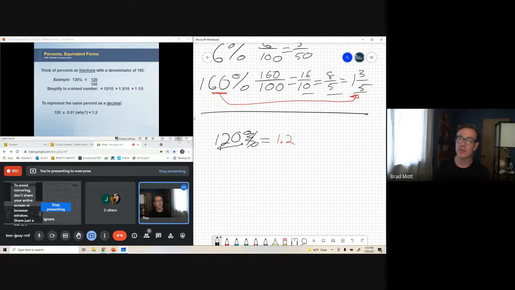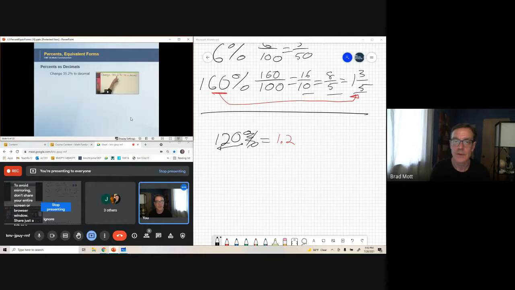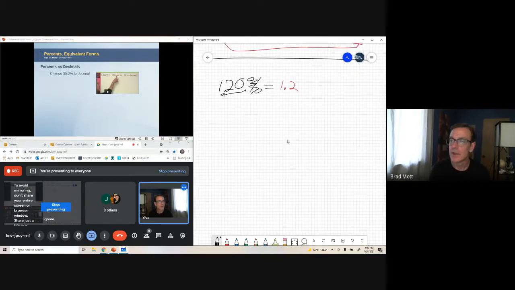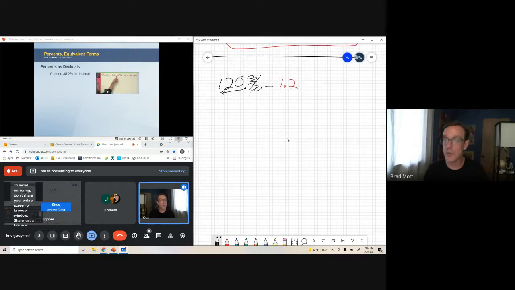Move the decimal 2 places to the left, and then you remove the percentage. So 120% is equivalent to 1.2.